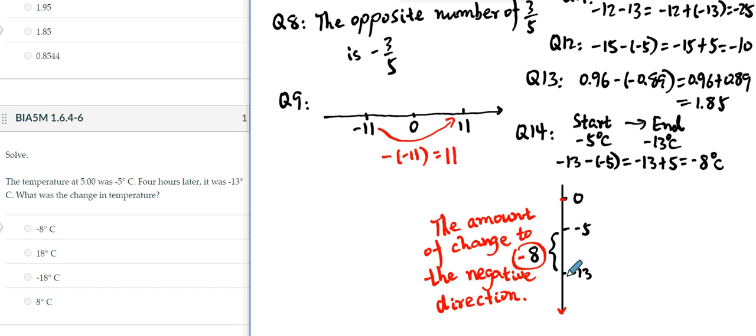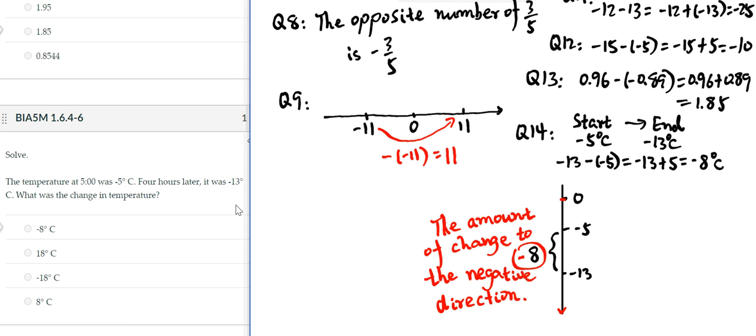It gets even colder. If the change is positive 8, the temperature goes higher. From negative 5, if it were 8 degrees positive, then you would get positive 3. But unfortunately, here it gets even colder.